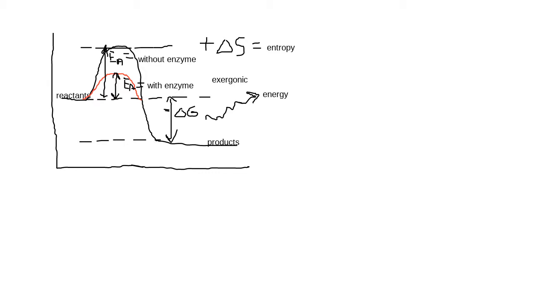Now, do you notice that whether I add the enzyme or not, let me ask you this question, this is on the test, okay? With or without the enzyme, is the change in energy different? Very good, that's correct. So the enzyme does not change the amount of free energy that can be released or absorbed by the reaction.